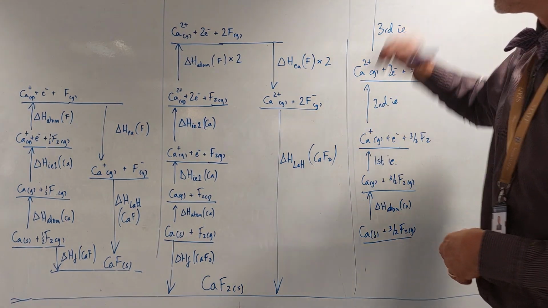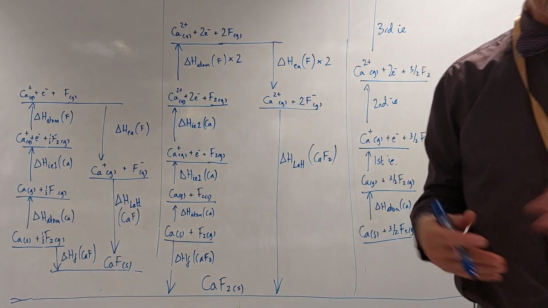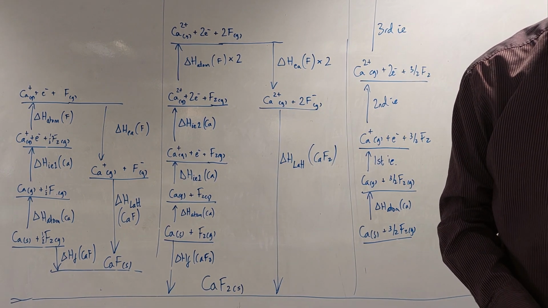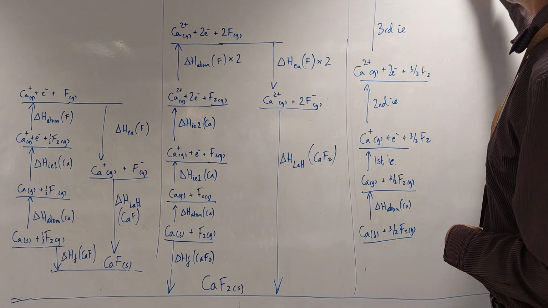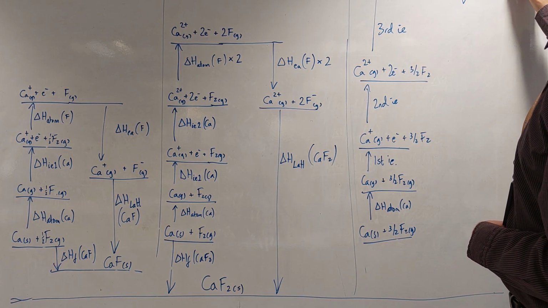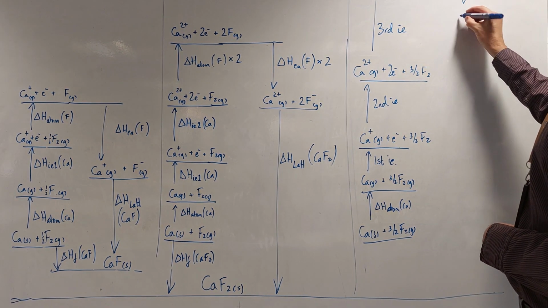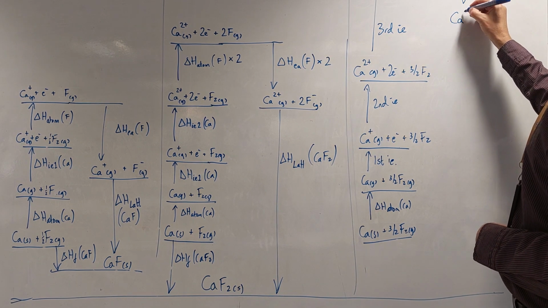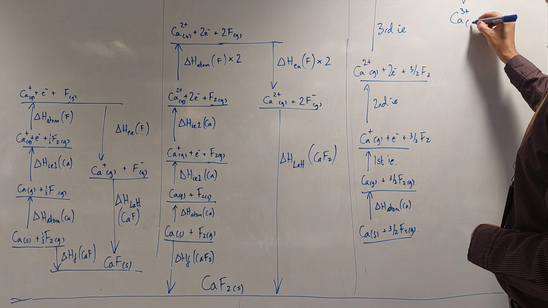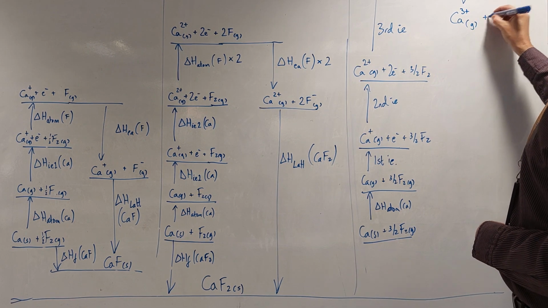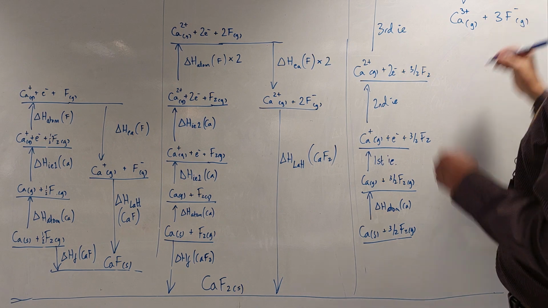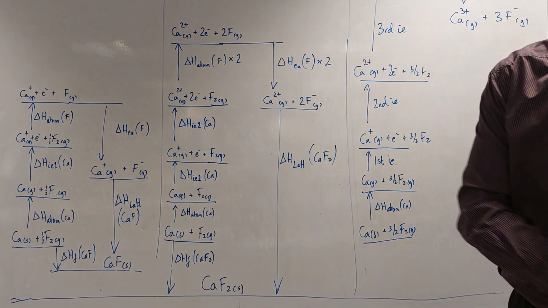And then we have to add to that the atomization of 3 fluorine atoms, so 3 moles of that. And then I'll come down a little bit when I have 3 lots of the electron affinity for fluorine. So we'll end up here with a calcium 3+ gaseous ion and 3 lots of F-. Okay, so fair enough, we did get there.